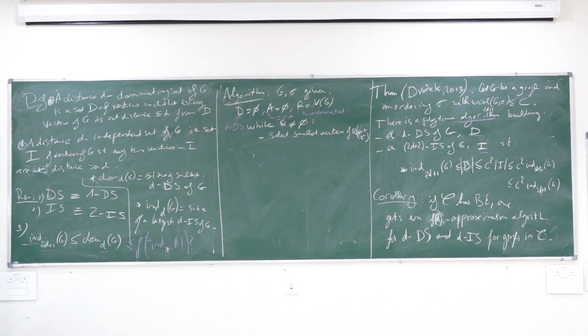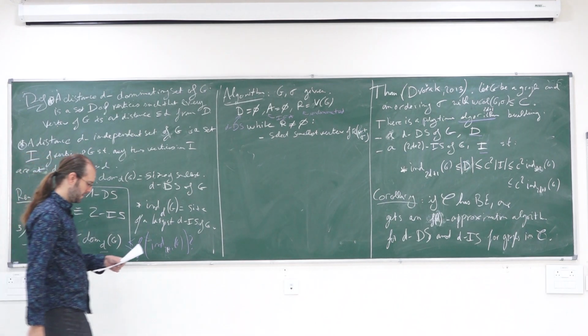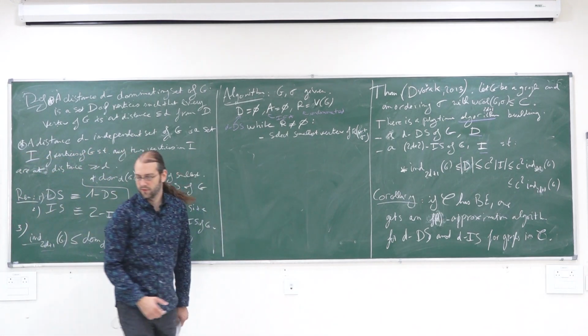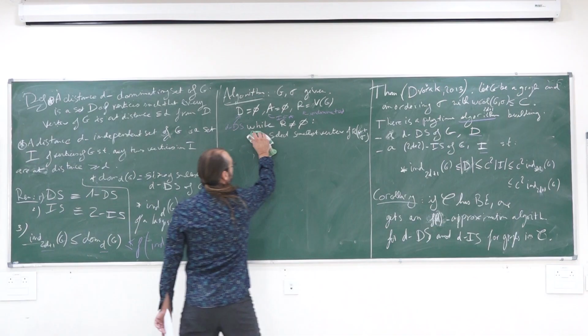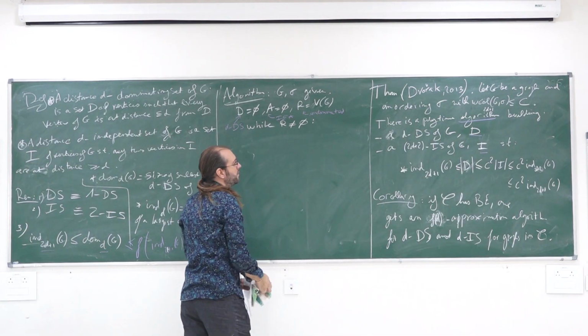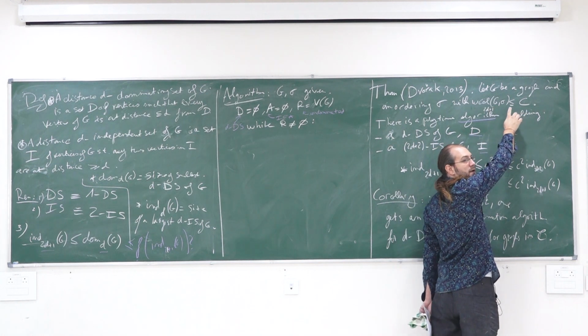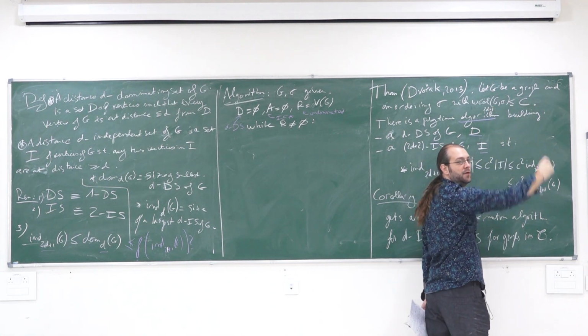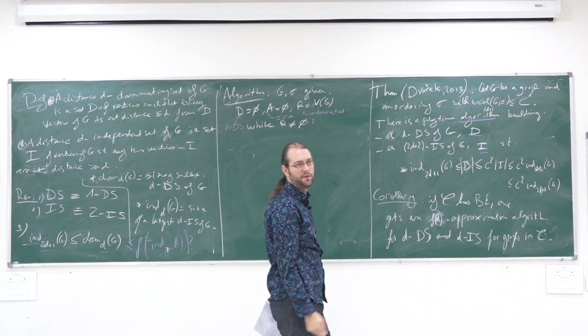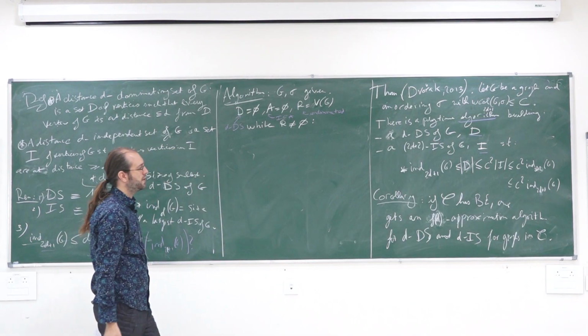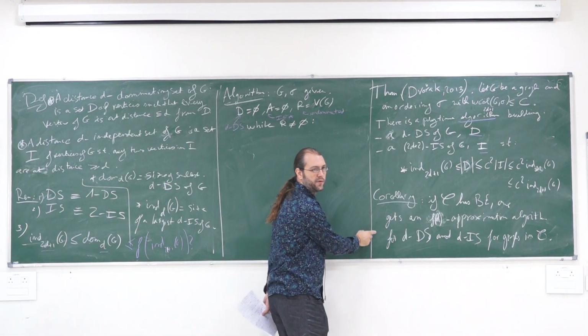Remember. Let's select the smallest. Sigma is any ordering. But the approximation factor will come from the weak coloring number of this ordering. So of course I want a good one, which I can get, remember, for graphs of bounded expansion.